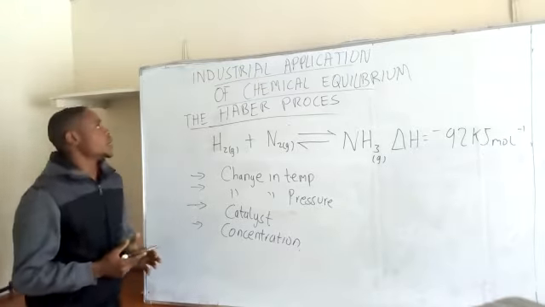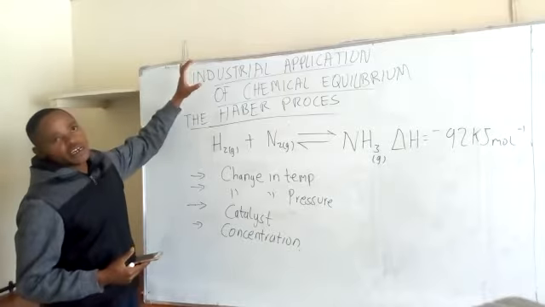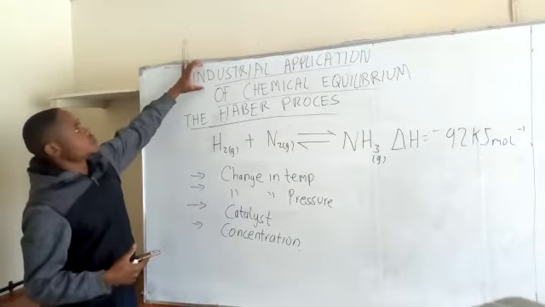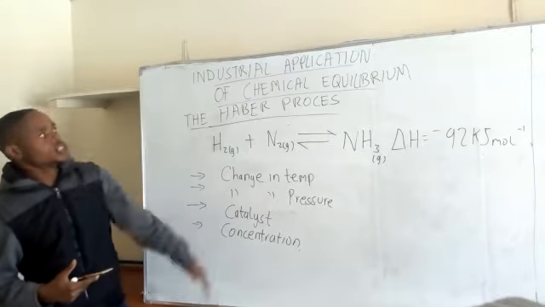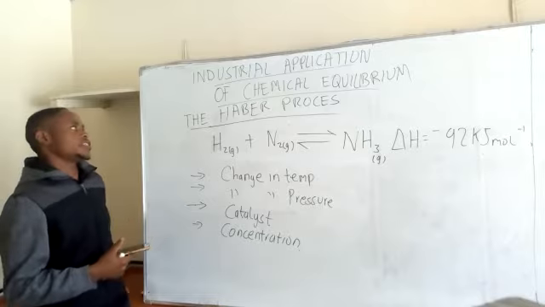So today I want us to look at the last part of our topic, that's the rate of reaction and the reversible reactions. I want us to look at some of the industrial applications that use that knowledge that we've been learning in the topic.